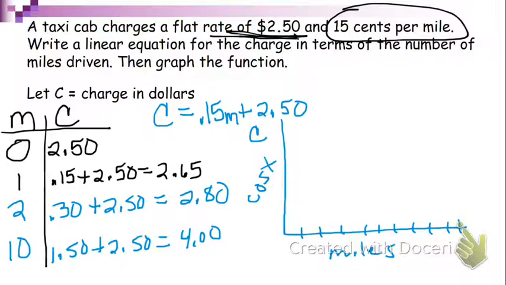I'll try and go by 50 cents. 50 cents, $1, $1.50, $2, $2.50, $3, $3.50, $4. Let me switch to a different color now. So let's see, I know I got 10 for $4 way out here.